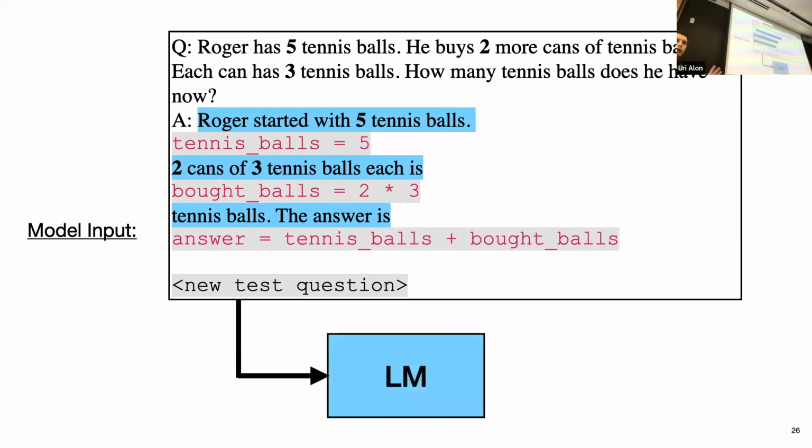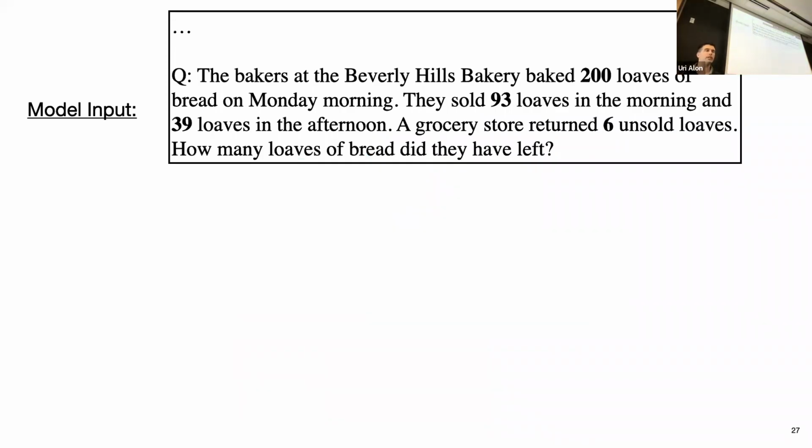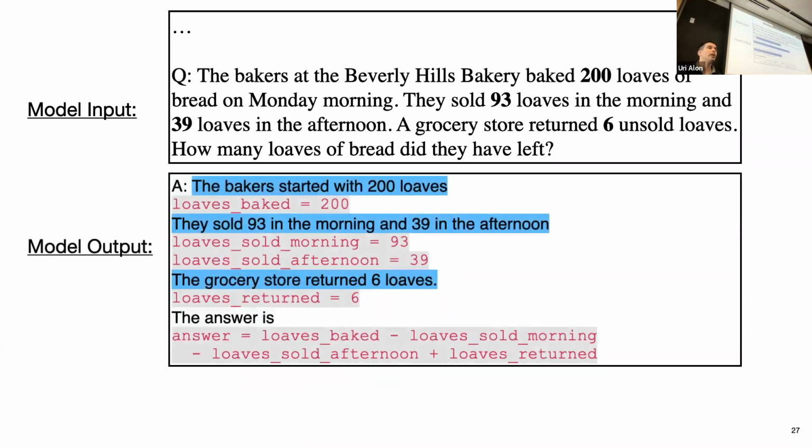We feed that to the language model with the new test question, which is in this case the question about the bakers at the Beverly Hills Bakery, and we hope the model can generate the Python code for the test question, and eventually generate that the answer is loaves_baked minus loaves_sold_morning minus loaves_sold_afternoon plus loaves_returned.